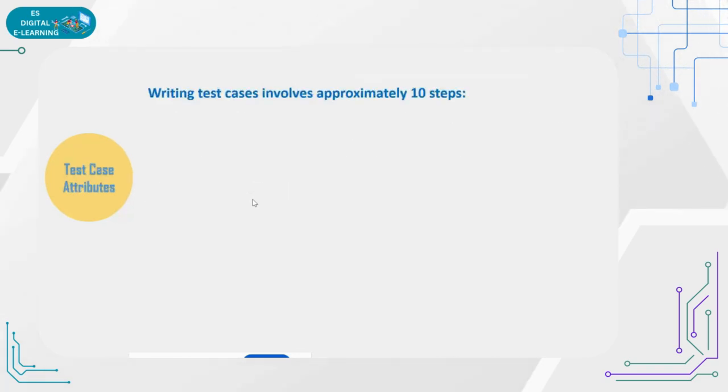And when you are writing the test cases, you should have the 10 steps. This is very important for the interview. They will ask you, when you are writing the test cases, what are the attributes, what are the options you have? First is the test case ID.